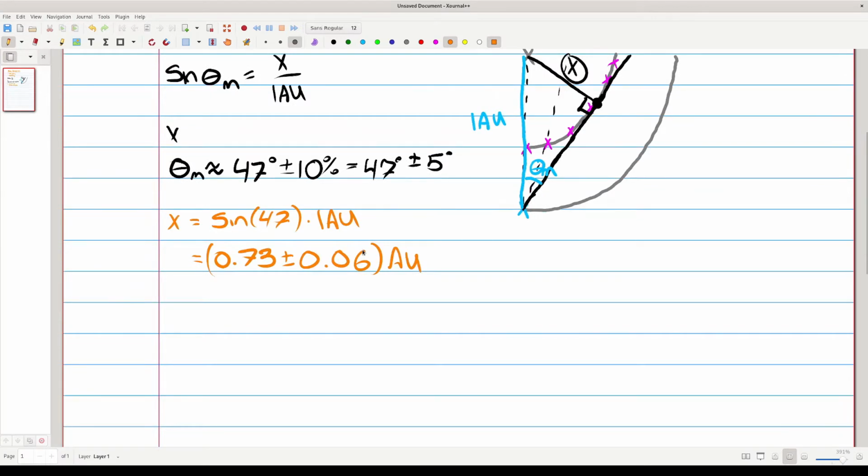Okay, I did ask if you knew how to do propagation of errors. I didn't see a response there, so I'm just going to assume you know, or you roughly understand the procedure. Otherwise, I can explain that later. The only really tricky one, if you haven't seen it before, is the error in the trigonometric function. But we can do that if you want.